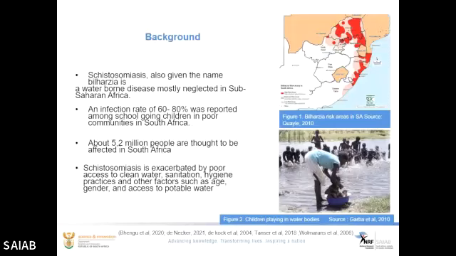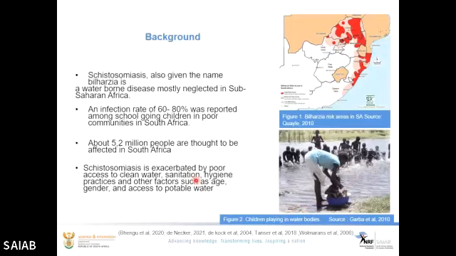There's a range of factors that contribute to an increase in schistosomiasis infections in endemic areas. These include poor access to clean water, sanitation, and hygiene practices, as shown here in figure 2, where we have children playing, swimming or bathing in essentially infested water bodies.